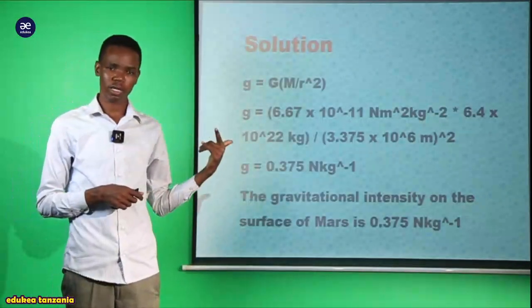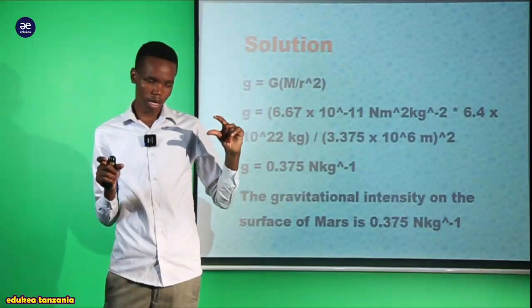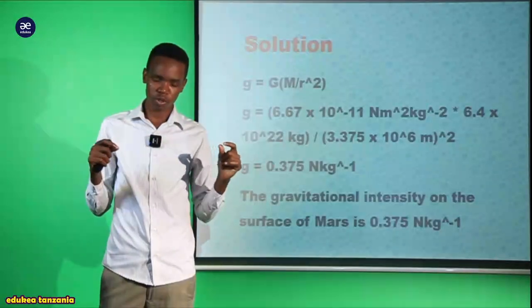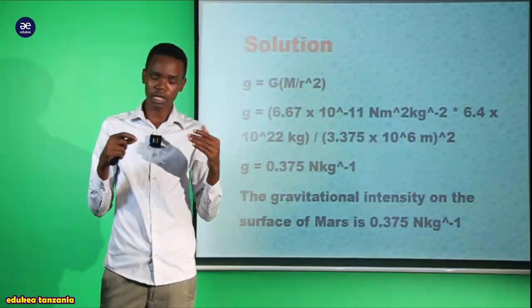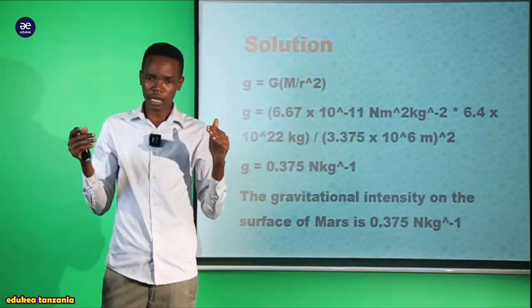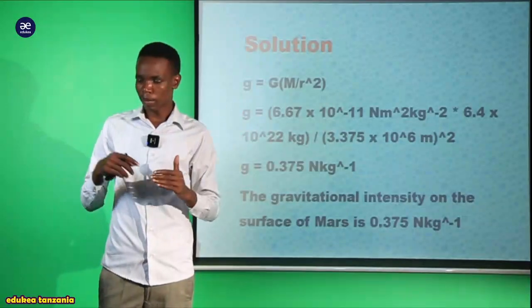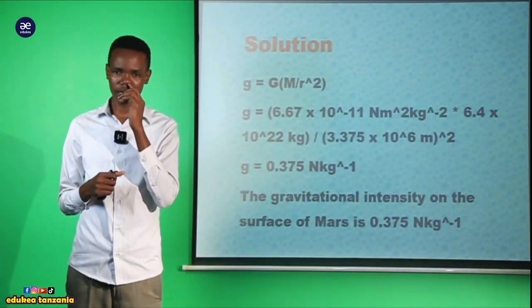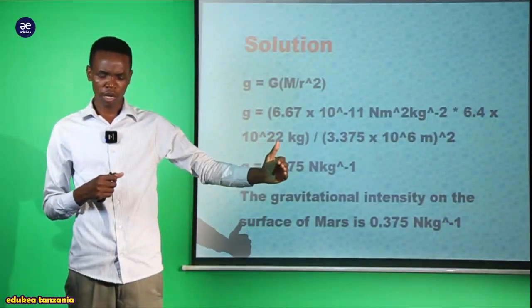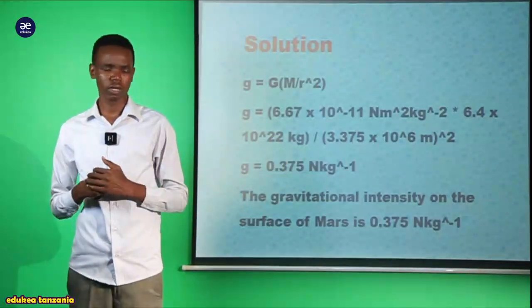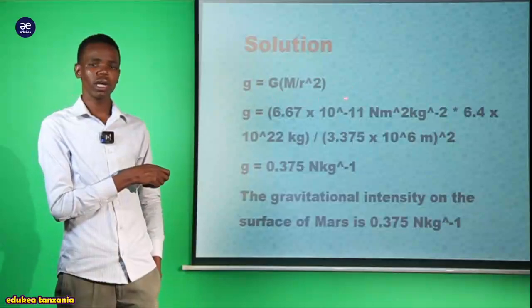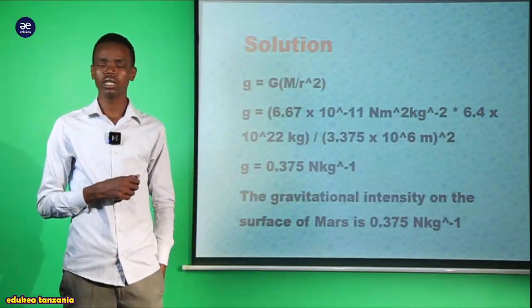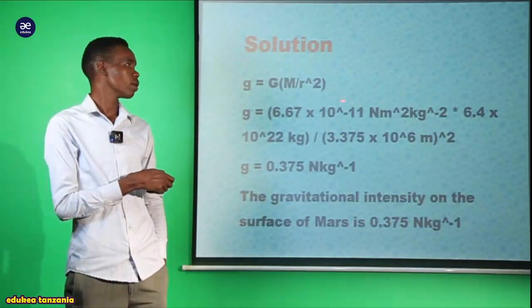As we said from the beginning, the gravitational field strength involves the distance and the mass exerting the pull. Therefore, our formula here is gravitational intensity equal to GM over R squared.